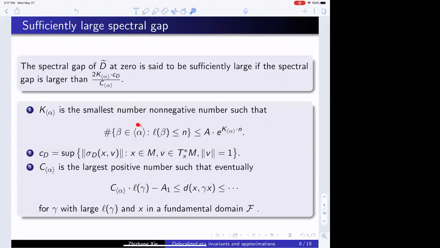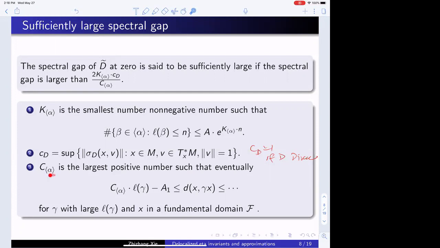And then the C_D here is measuring the so-called propagation speed of the operator D. For example, C_D is 1 if D is Dirac. So in a geometric situation, without loss of generality, you can always assume C_D is just 1 by normalizing things.